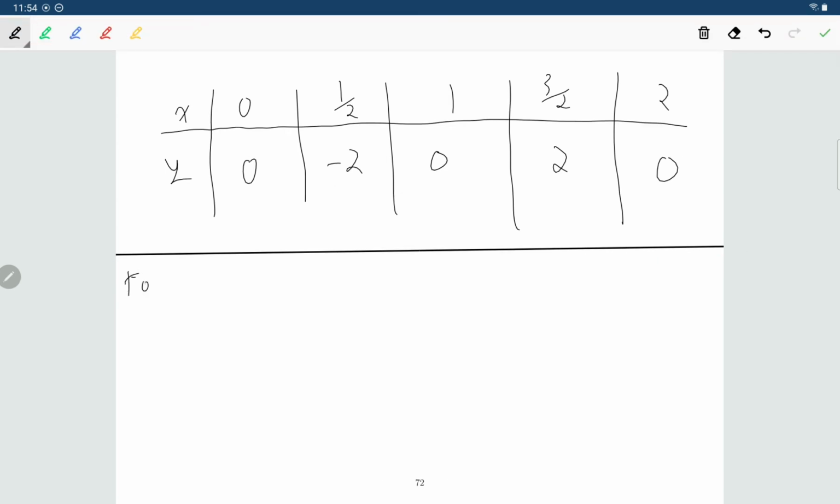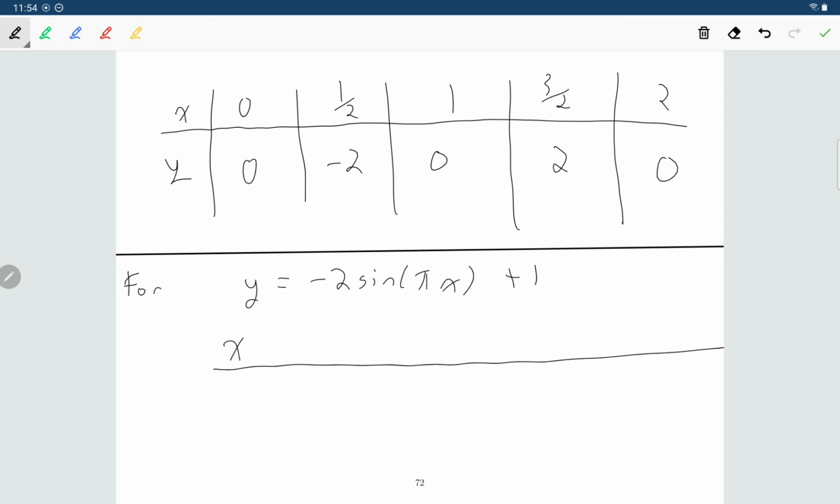And so that means for the function with the vertical shift, we just have to add 1 to every y value, because that vertical shift is just taking us upwards by 1 unit. So we just need to add 1 to everybody.